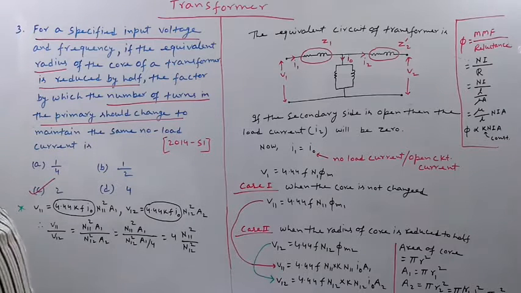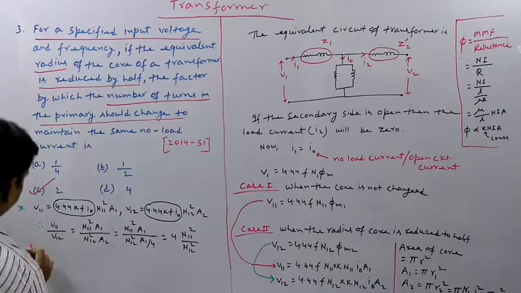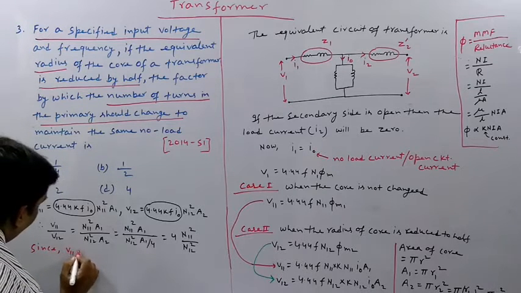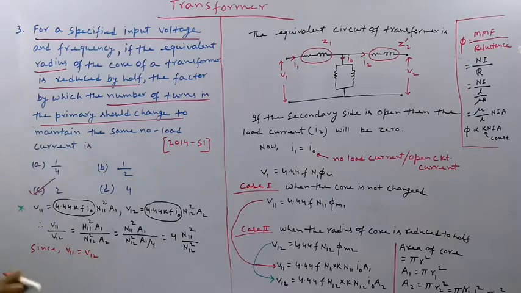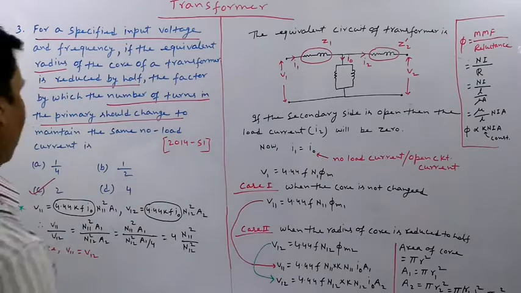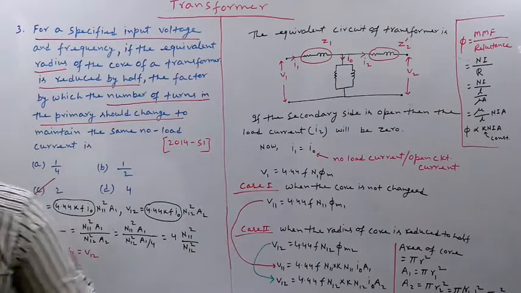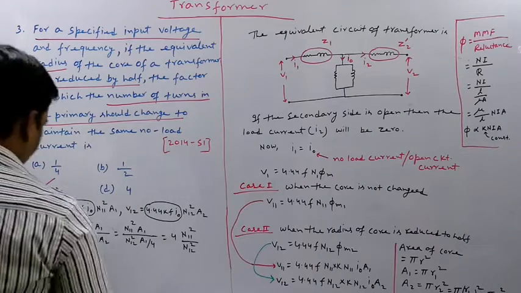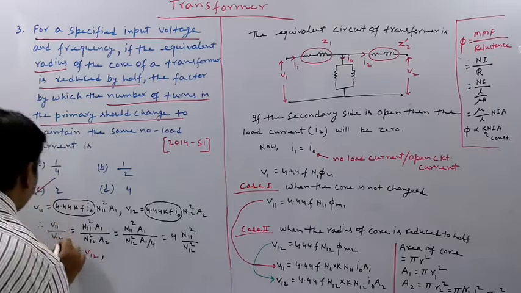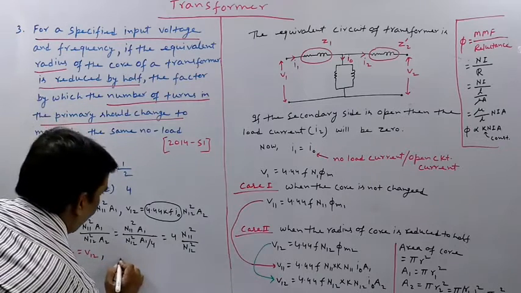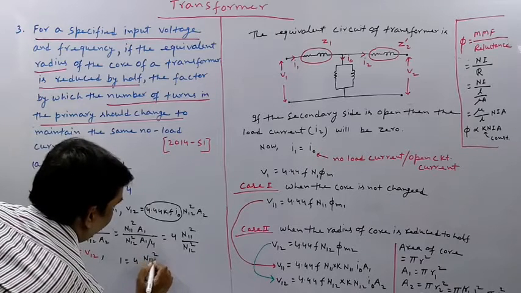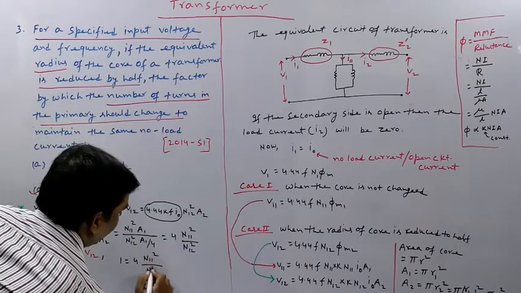Now we can write, since V11 is equal to V12, because we are applying a specified voltage, so these two will cancel out each other, so 1 equals 4 N11 square divided by N12 square.